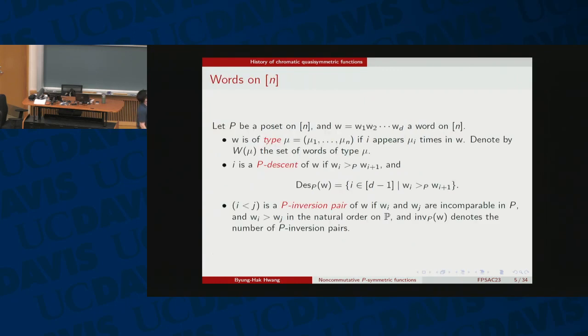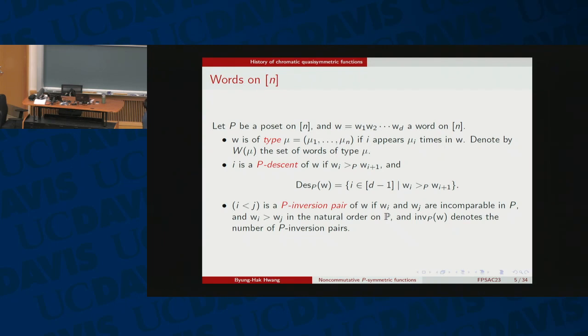And we need some word combinatorics. Let P be a poset on the set [n] and W be a word on the same set. The type of W represents how many times the letter i appears in the word. We denote by W of mu the set of words of type mu.